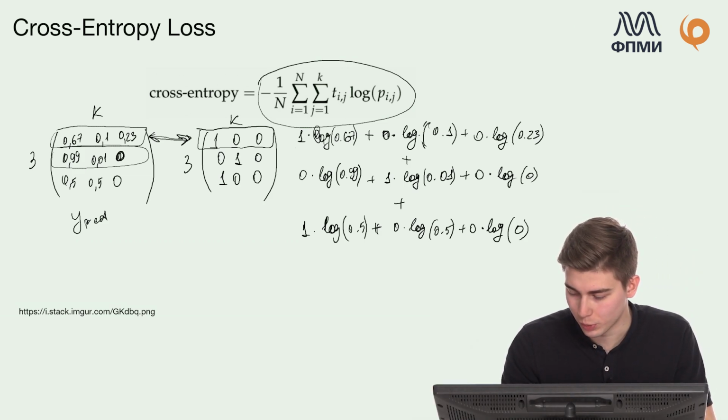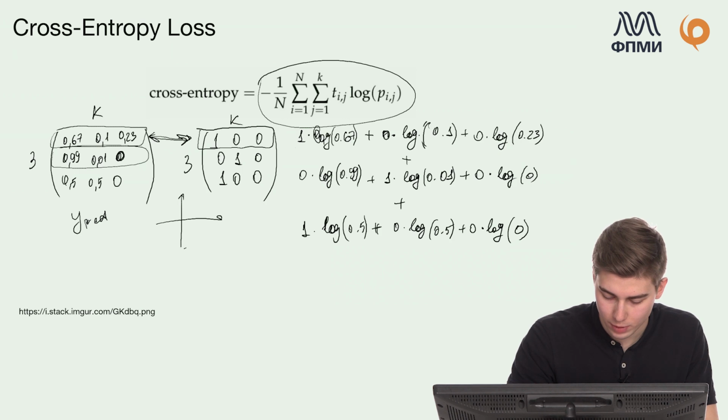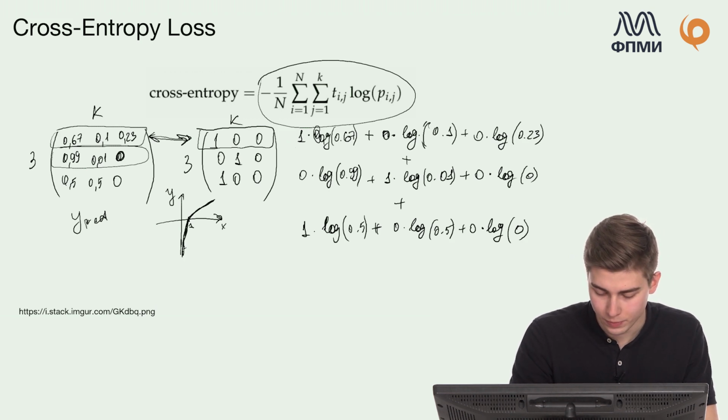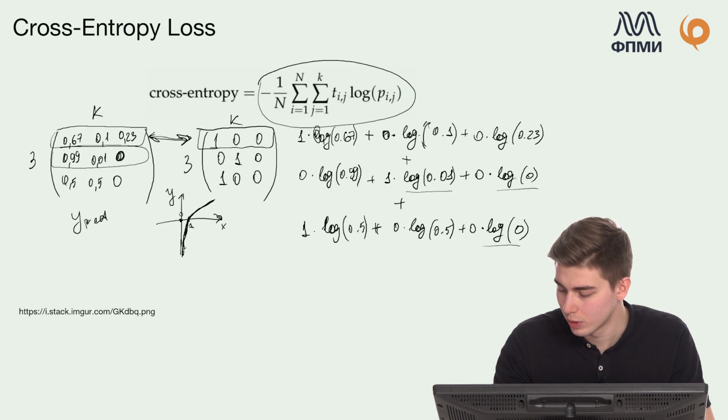Let's analyze this expression and understand why the cross-entropy helps us to predict the true distribution. So this is the logarithm function. And here you can see the logarithm applied to a value that is very close to 0. For example, here, here, here. Where it is just the logarithm applied to 0, we can add some very low number.